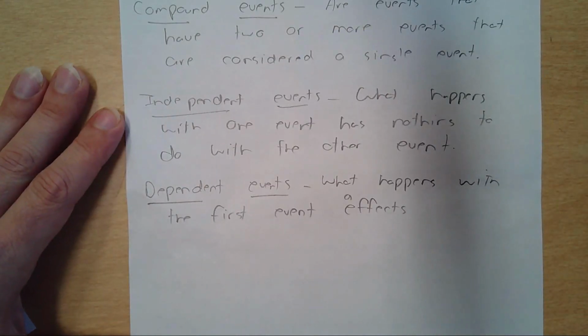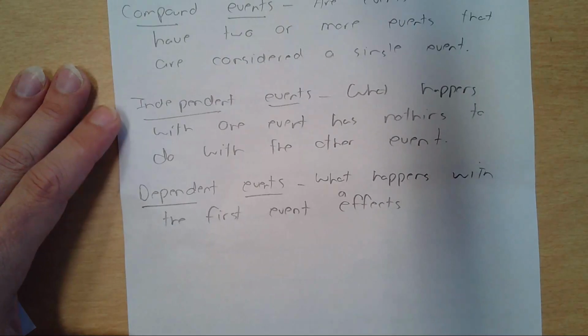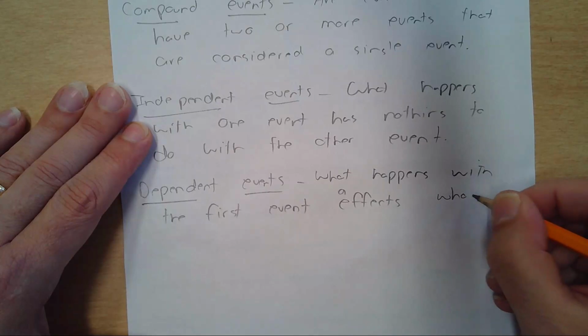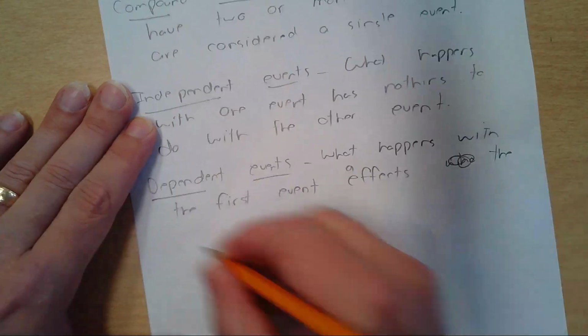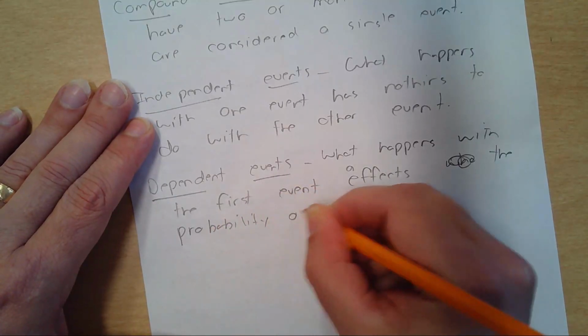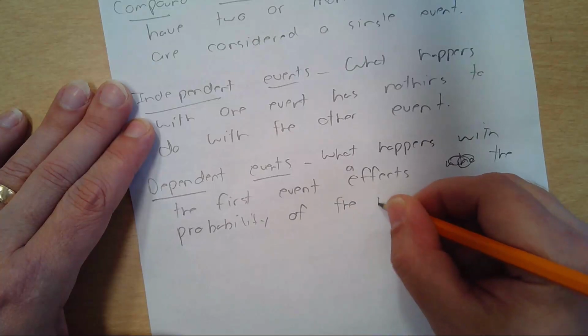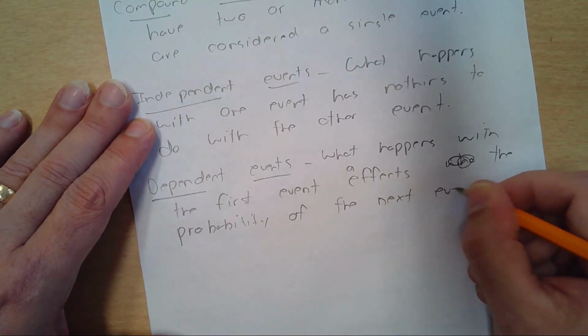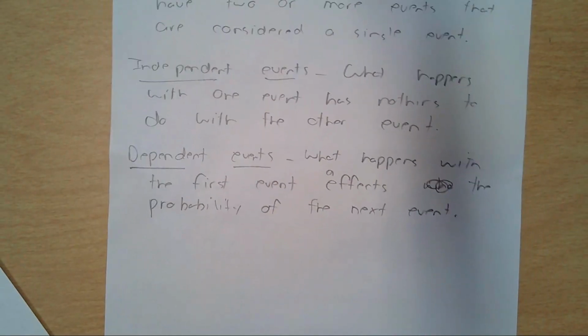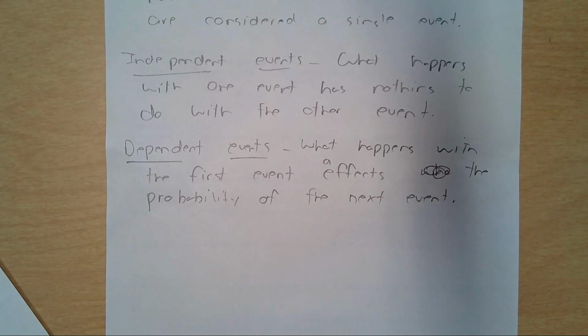It's not ELA, so pick your A or E for that word. What happens with the first event affects the probability of the next event. And we haven't gone through really any dependent events yet this year.